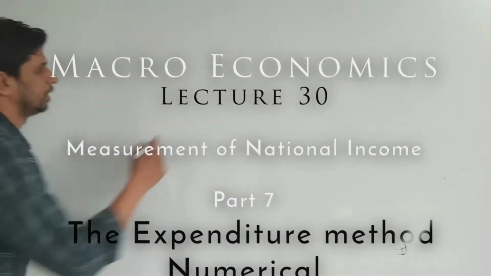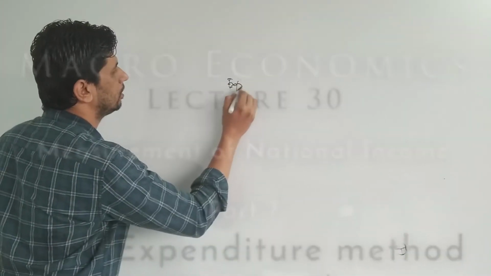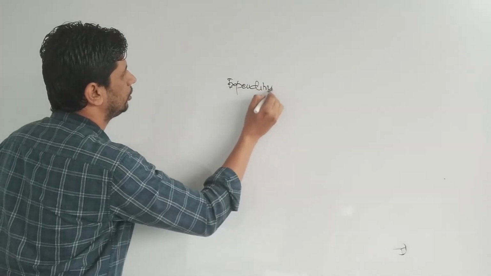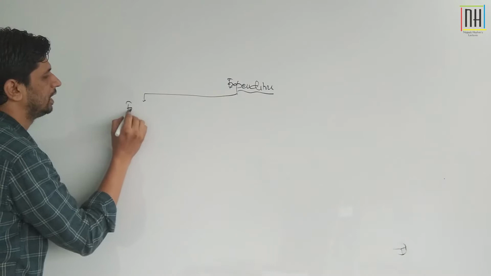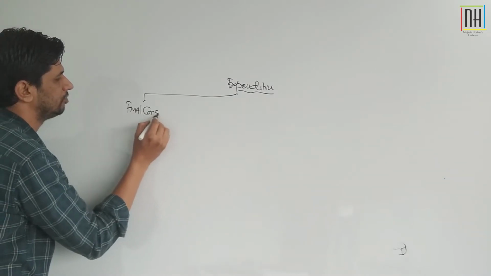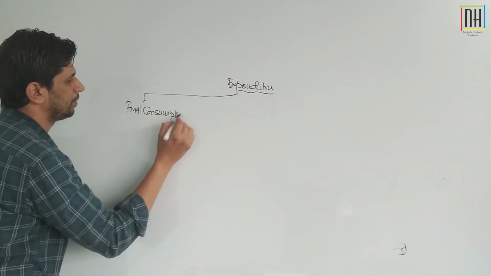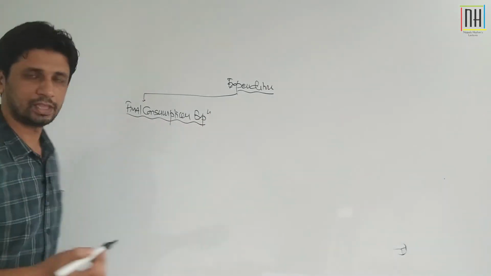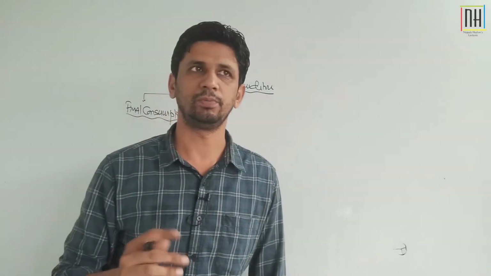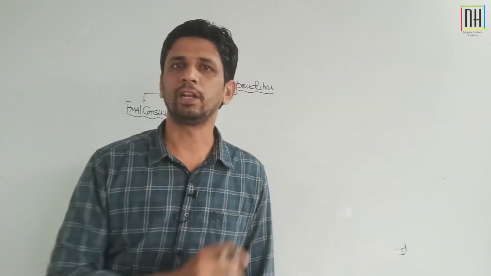Fine. So in the expenditure method, we have three constituents. First constituent is the final consumption expenditure, which means consumption of final goods and services.